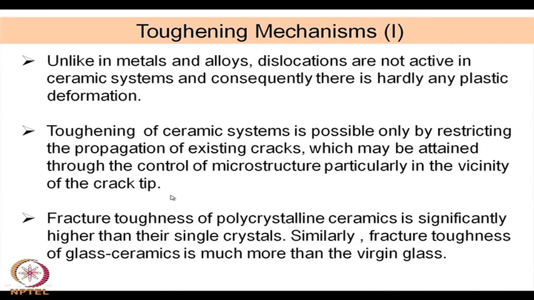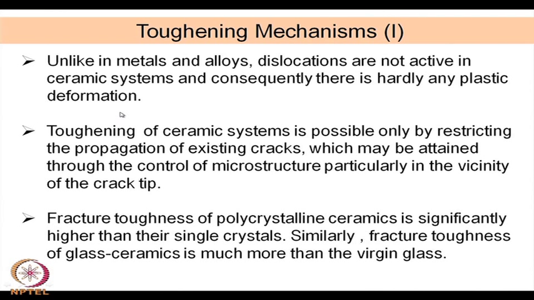So, let us consider, are there any toughening mechanisms by which some of the ceramic materials can be made tougher and more suitable for engineering applications. Unlike in metals and alloys, dislocations are not active in ceramic systems, and consequently there is hardly any plastic deformation.